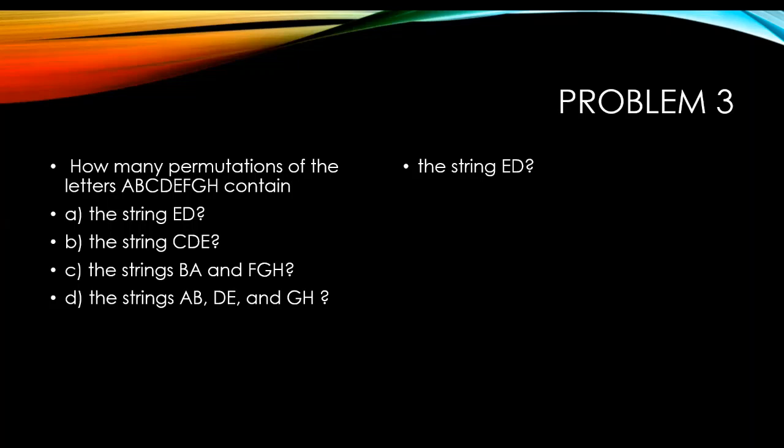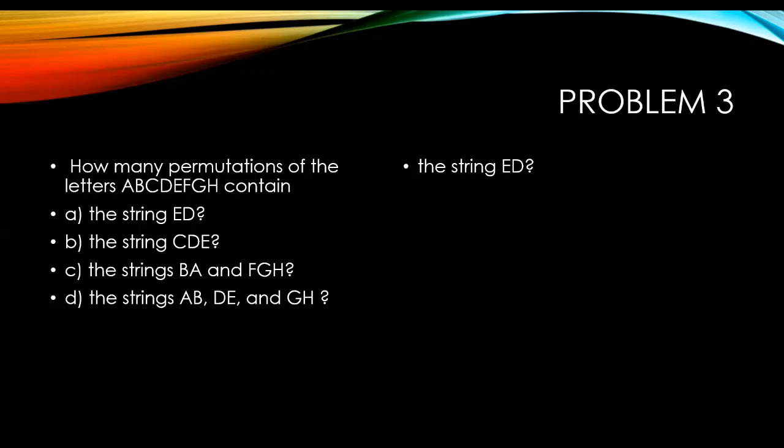And in case we're going to use all elements, instead of using the formula I stated earlier, the formula that we're going to use is just n factorial, since every element will be used. Okay. Now let's answer letter A, the string ED. So how many letters are left when we remove ED?